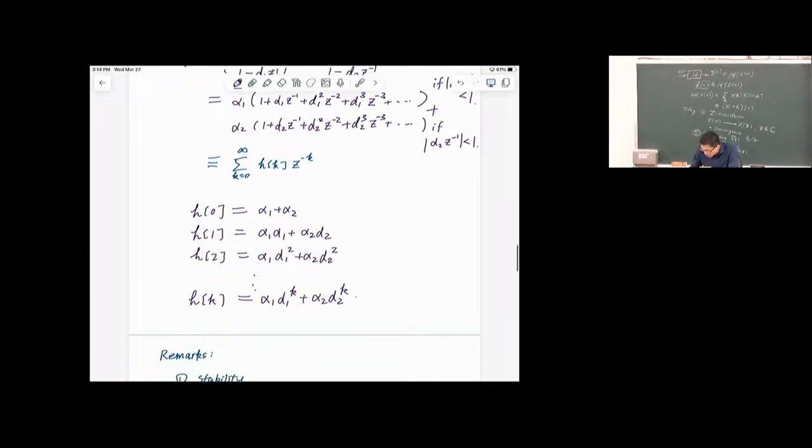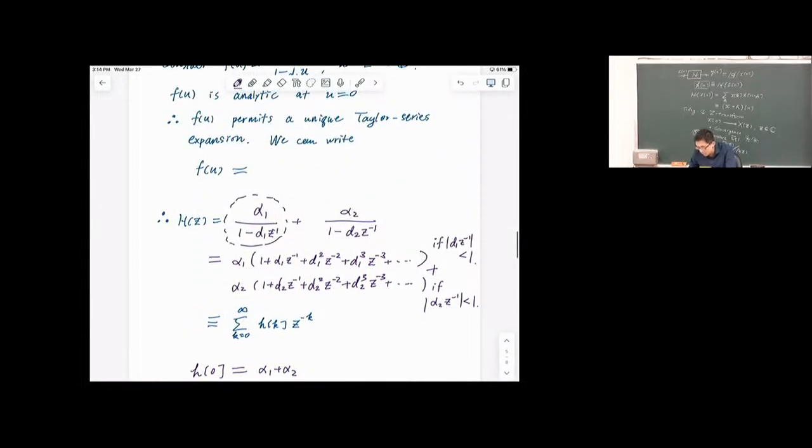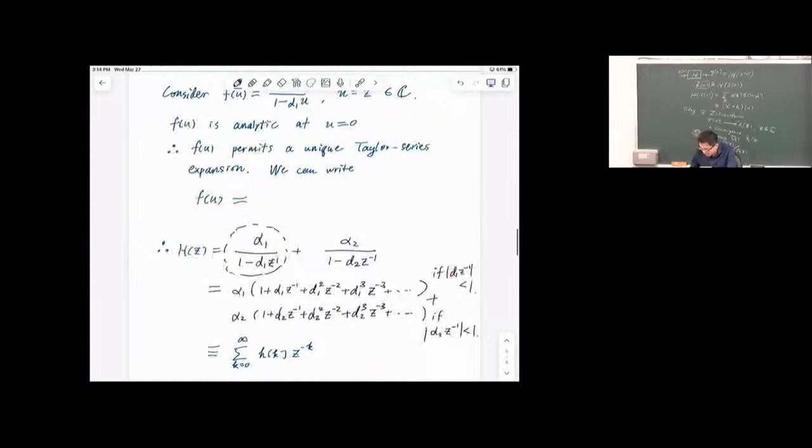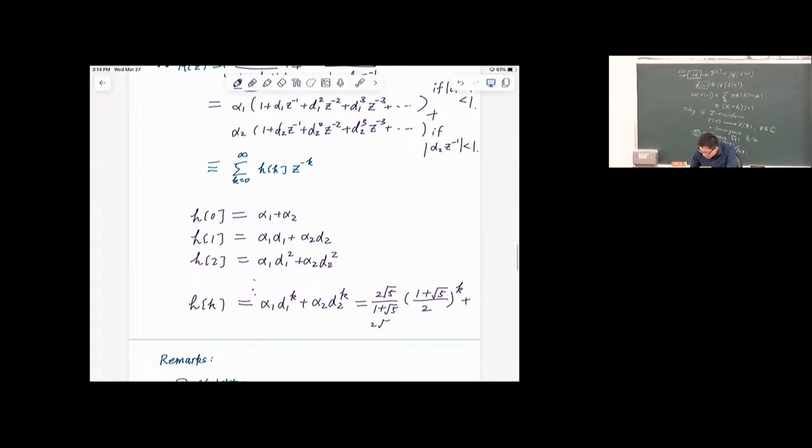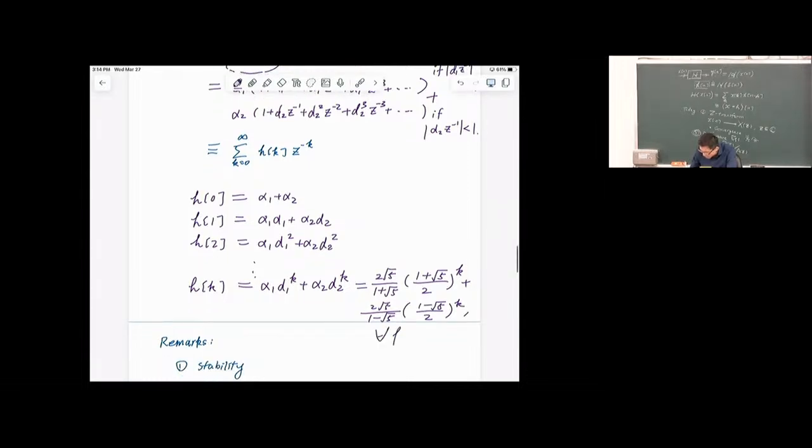So if we plug in the numbers, 1 plus square root of 5, one half of 1 plus square root of 5 to the kth power plus the other term, that's a general expression of our impulse response for any k greater than or equal to 0.